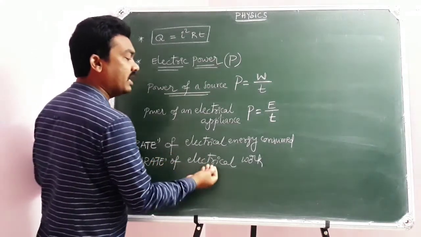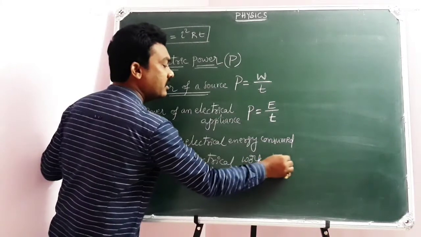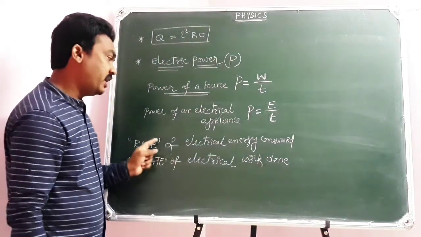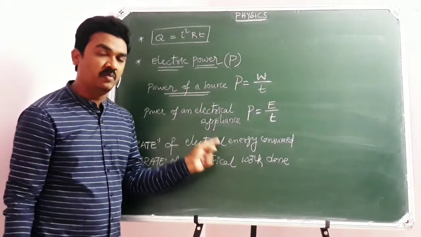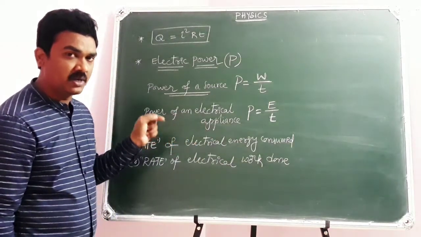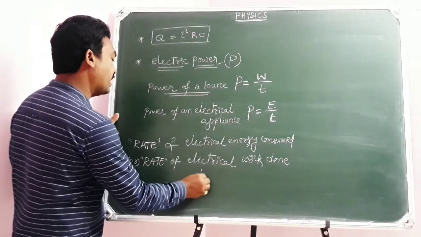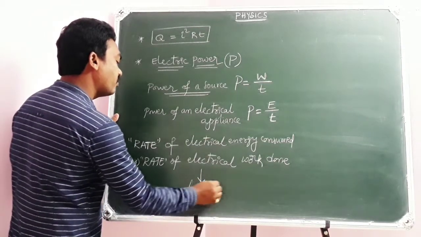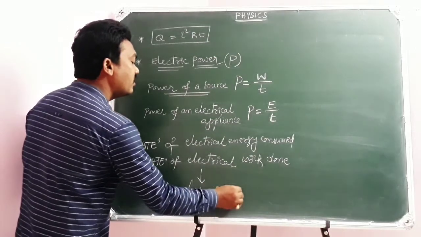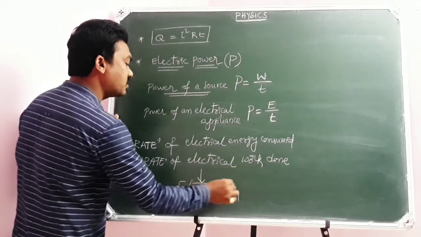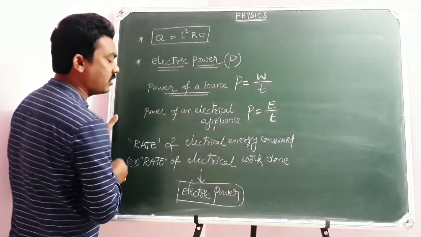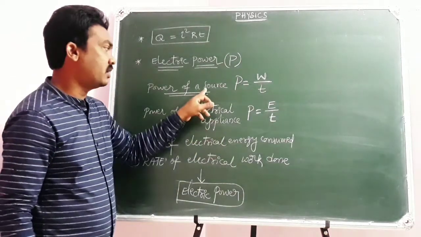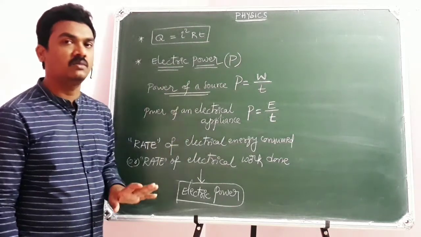So the rate of electrical work done means the amount of work done per unit time. The rate of electrical energy consumed means electrical energy consumed per unit time, which is defined as electric power. Usually in our books you will come across mostly the power of an electrical appliance, but you have to learn this also.